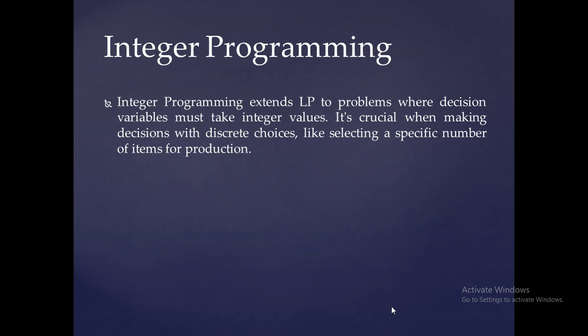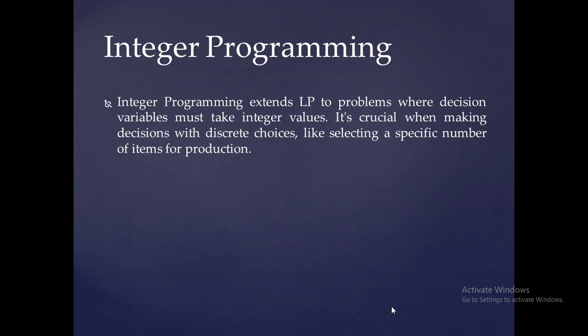Integer programming is employed in scenarios where discrete decisions need to be made, such as selecting the number of units to produce, the number of vehicles to dispatch, or the number of items to stock. It is crucial when you are dealing with real world decisions that cannot be divided into fractions. Integer programming problems often have a mix of linear relationships and integer constraints.